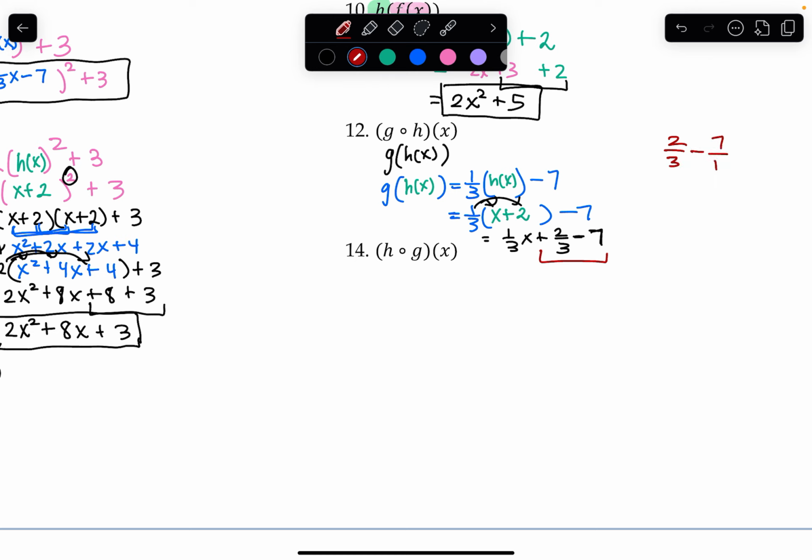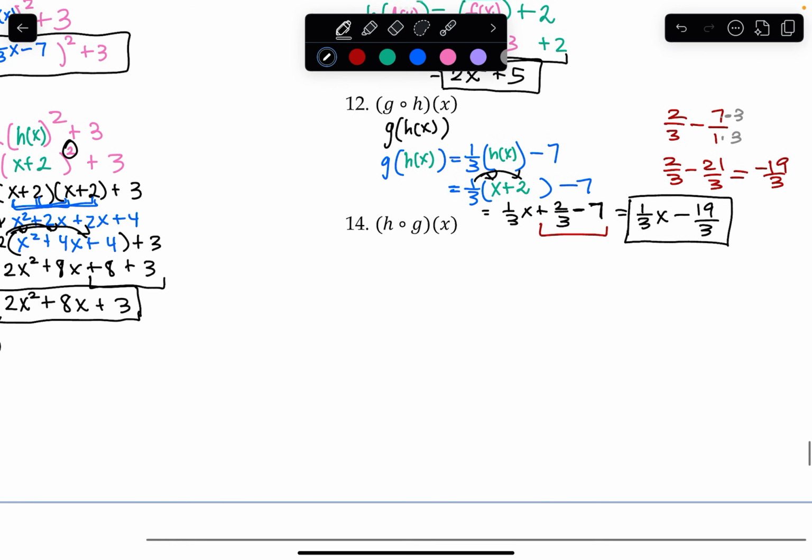So I'm going to write the 7 over 1, and then we can get a common denominator by multiplying top and bottom by 3. And so that becomes 2/3 minus 21/3, which is negative 19/3. Okay, and so our final answer would be 1/3 x minus 19/3.